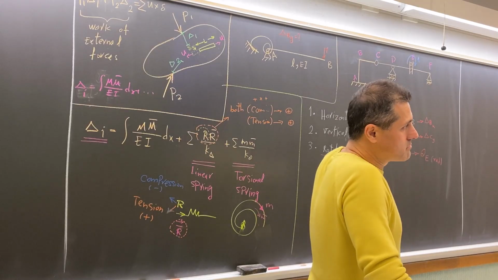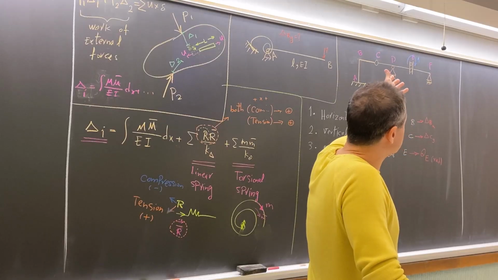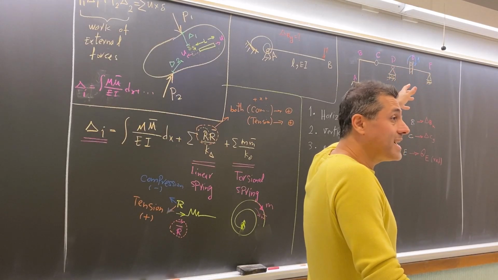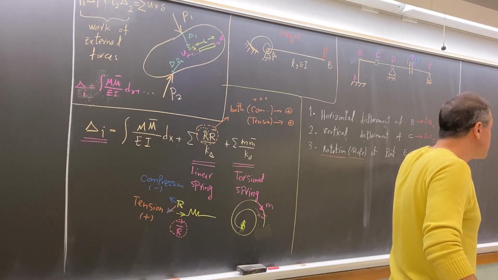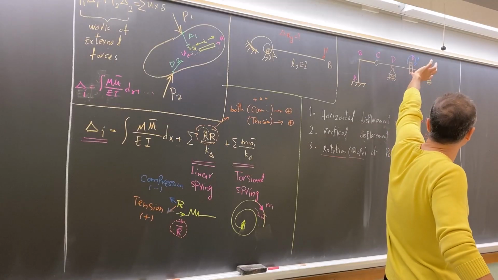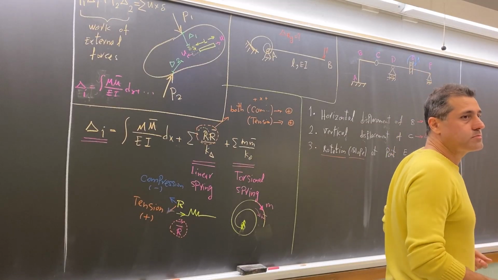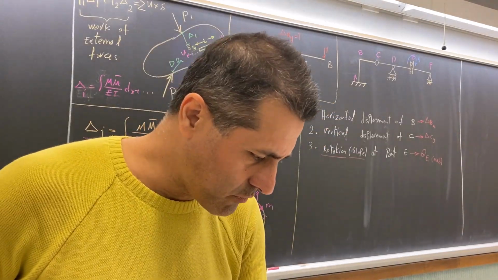Doesn't matter, isn't it just sign convention? Yes, it doesn't matter. So you assume it is counterclockwise or clockwise. At the end, once you find theta E, if it is positive, it means your assumption is correct. If it is negative, it means the rotation is inverse. That's it. This one is also written in the textbook somewhere. Okay.